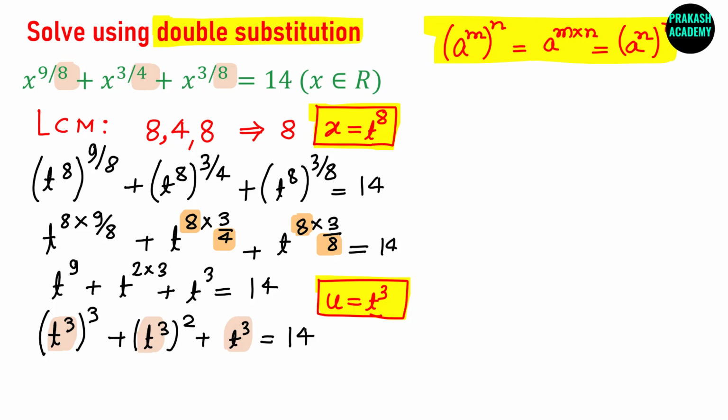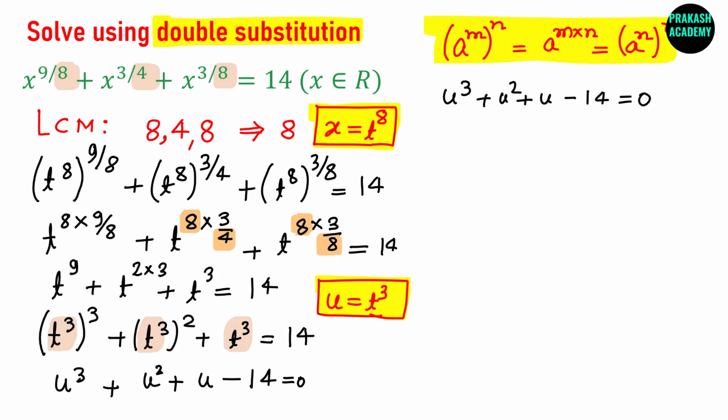With this substitution I can write u cube plus t cube is u, and this is u square and this is u, and let us take 14 to the left-hand side. This is equal to 0. So now I have a cubic equation: u cube plus u square plus u minus 14 is equal to 0.